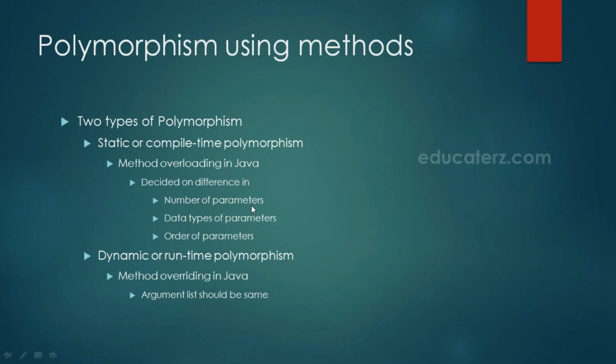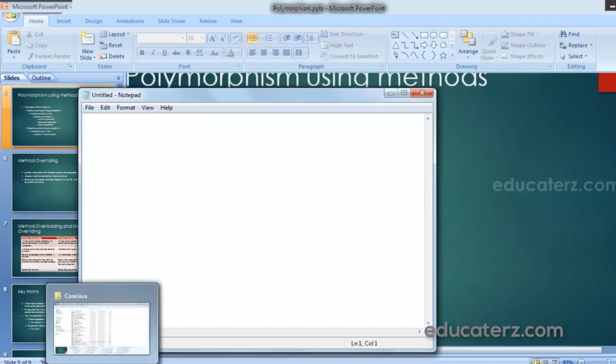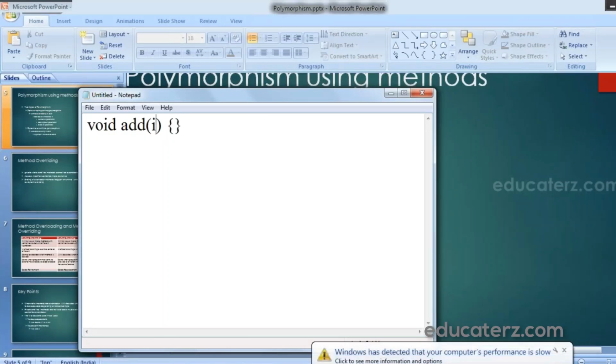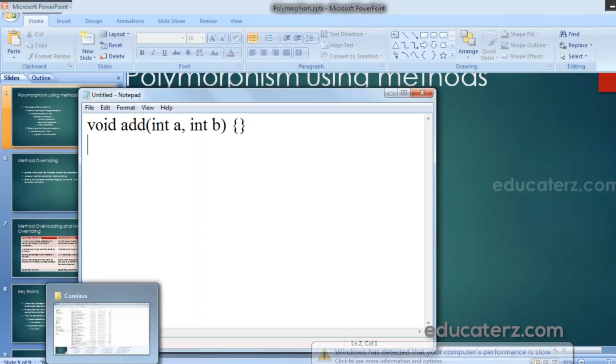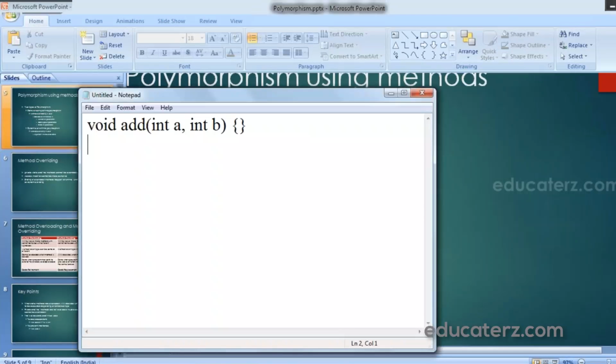If I am writing an add method, something like void add(int a, int b), this is one method. It might change depending on the number of parameters.